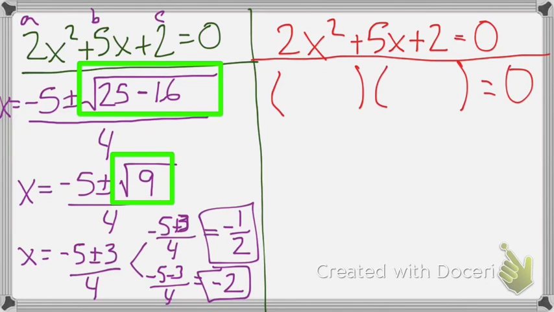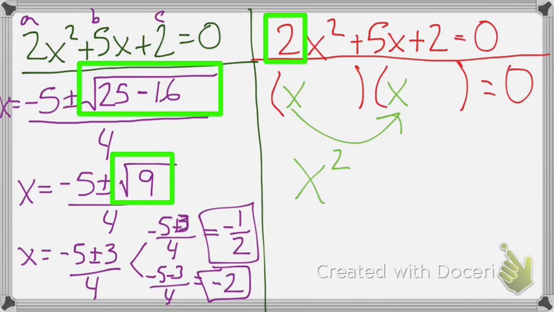Okay, so the thing about it though, when they put a number in the front like this, normally we always start with an x and an x. It's just like a given. But if you put an x and an x there and you multiplied them, x times x, you would only get 1x squared. You wouldn't have the 2 in front of it.